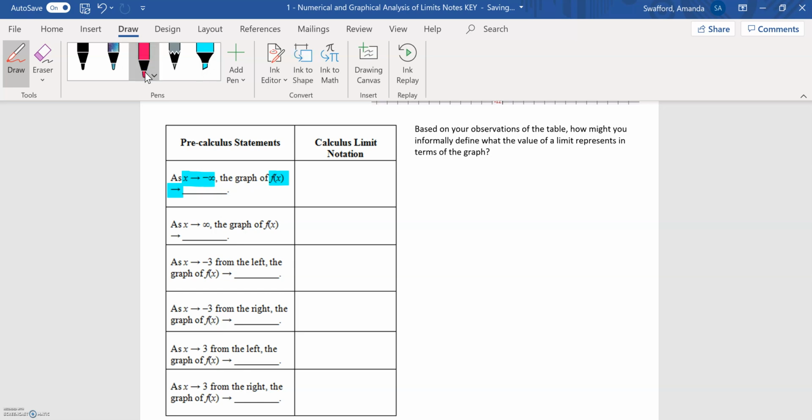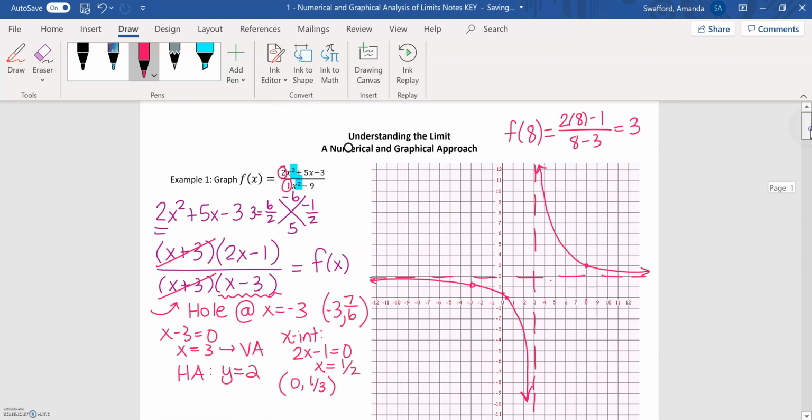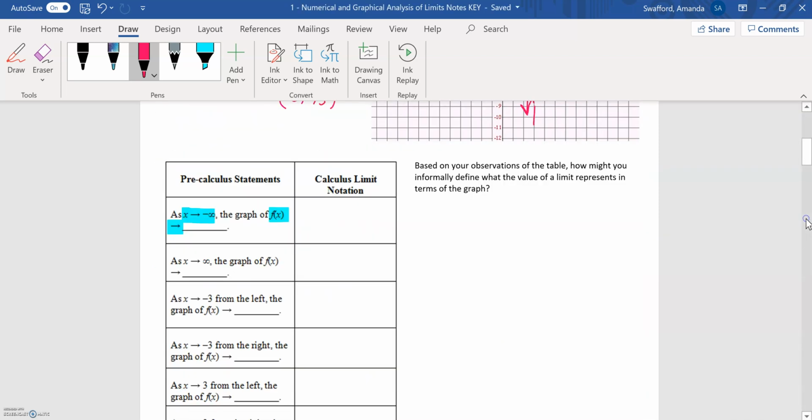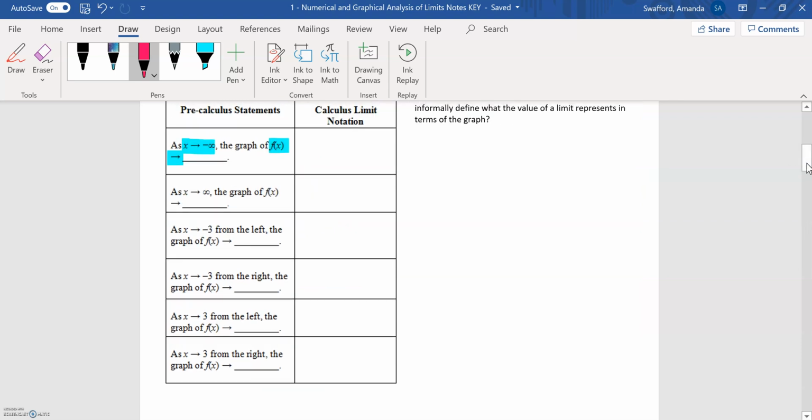So as x approaches negative infinity, as x moves to the left very far, what is the y value it's approaching? And hopefully you can see in the graph that that y value is 2. It's approaching the horizontal asymptote.